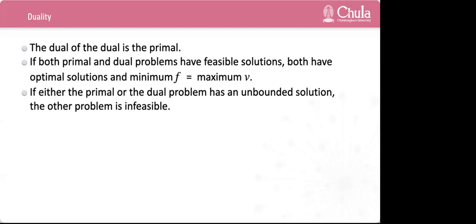Or if you solve the primal problem and identify that it is infeasible, then if you make the dual problem and try to solve it, you will see that the dual problem becomes an unbounded solution case. You can follow, right? Yes, sir. Got it.